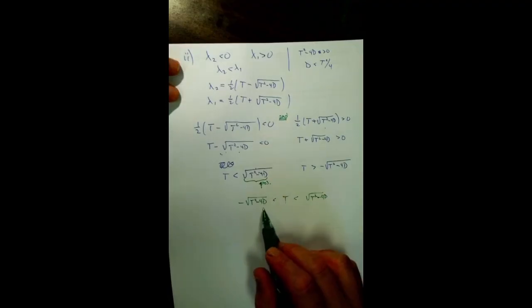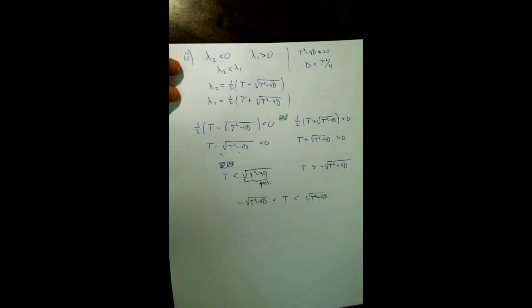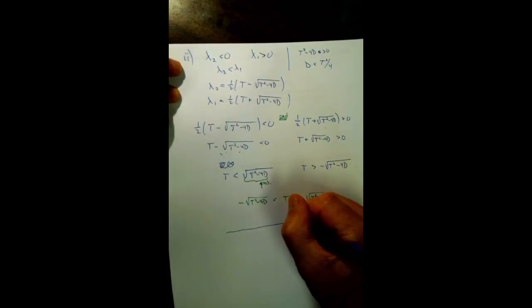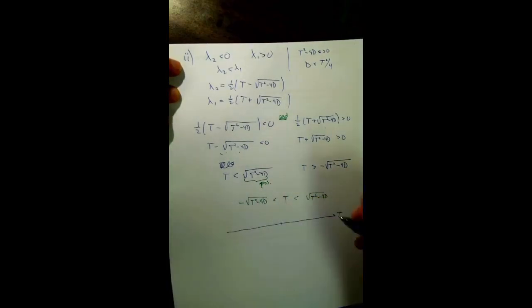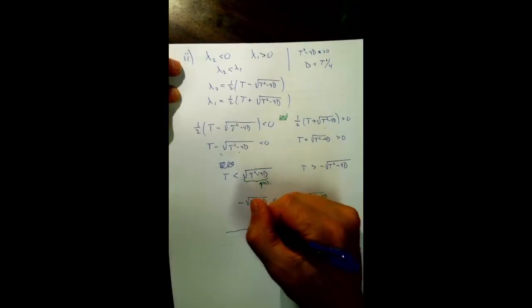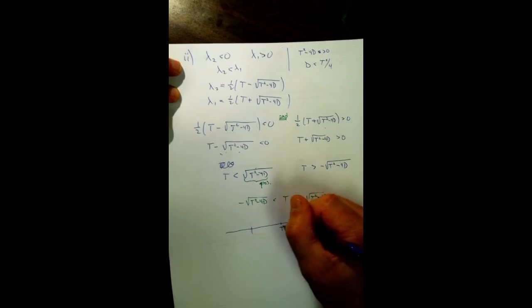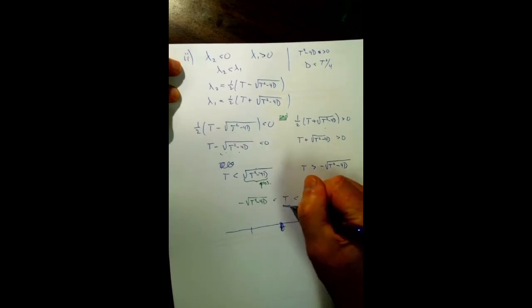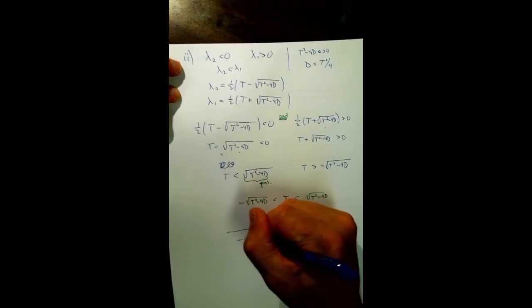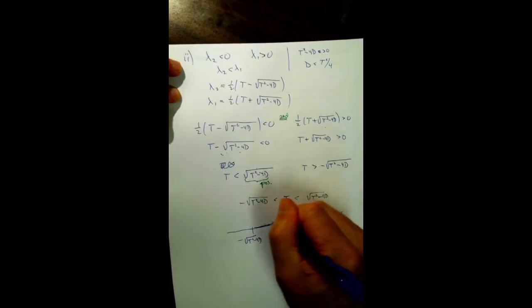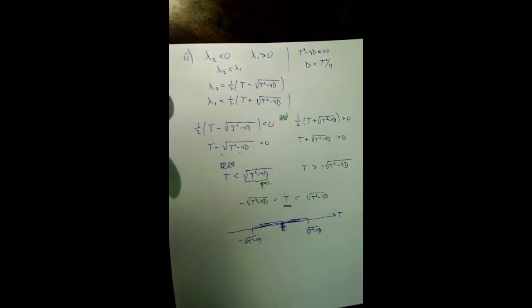So t has to be between these two things. So if this is my t, I know, oops, sorry. I know that t has to be somewhere between these two values.